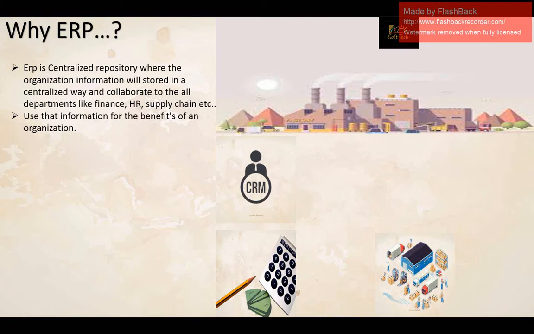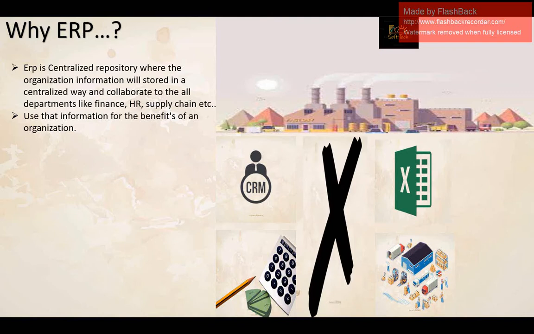Some keep spreadsheets and documents. In earlier days, each department stored its data in separate computer systems, but they could not share this data with each other. That was the main disadvantage in earlier days.